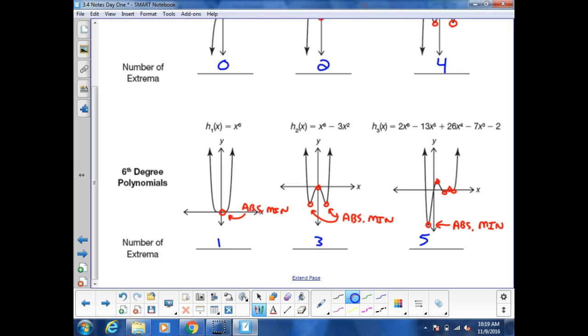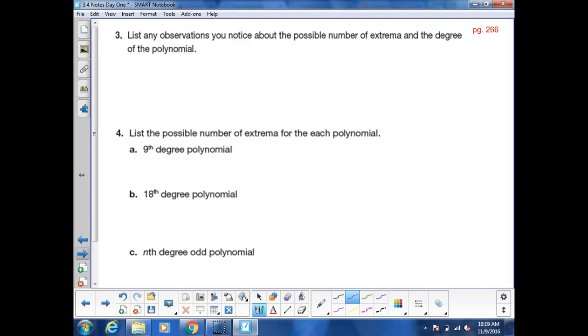Okay. All right. Question number 3. List any observations that we just noticed about the possible number of extrema and the degree of the function. If the degree of the function is odd, there are no absolutes. Okay, so if it's odd, there are no absolutes. I like that one.